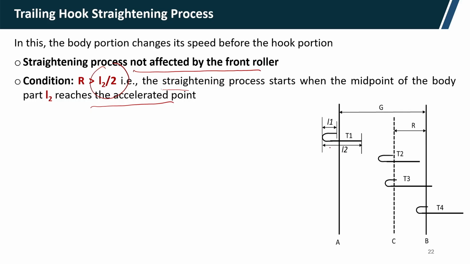At the point T2, the midpoint of the body has reached the accelerating point before the hook has, and it moves at the speed of the front roller.